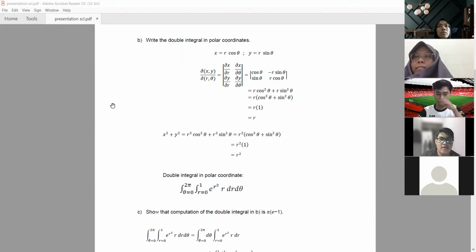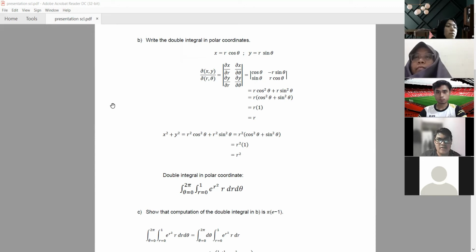We solve that and we get r. Then we take x squared plus y squared equal to r squared cos squared theta plus r squared sin squared theta, equal to r squared (cos squared theta plus sin squared theta). Then we get r squared.